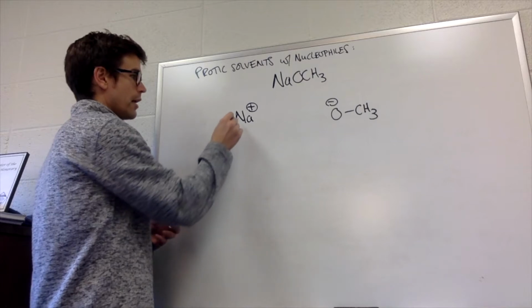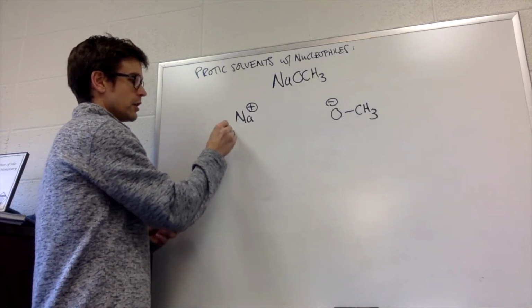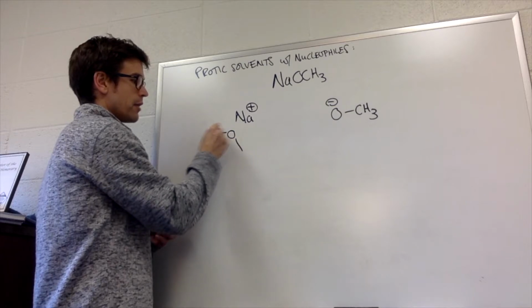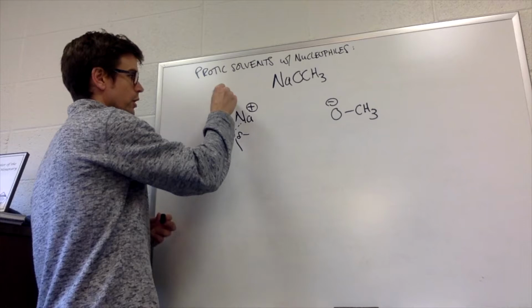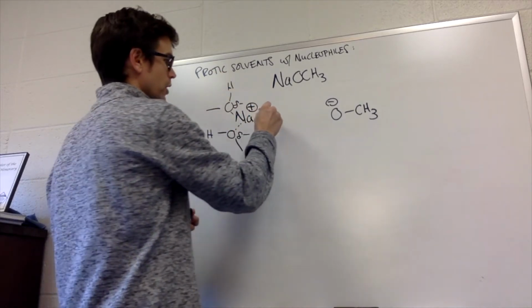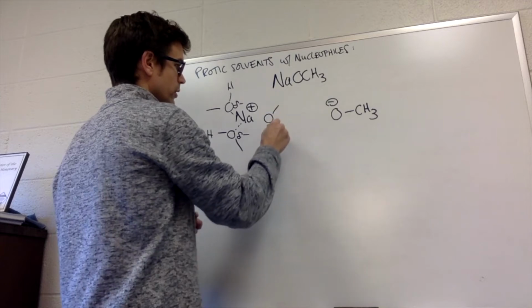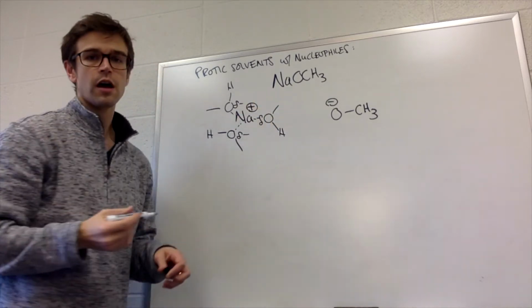Well, if we had this sodium in solution, if we had methanol as our solvent, the partial minus is going to surround itself around the sodium, which will stabilize that species.